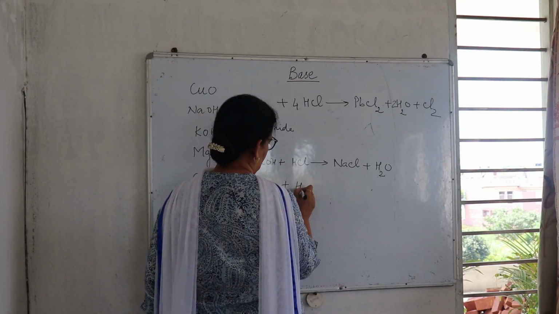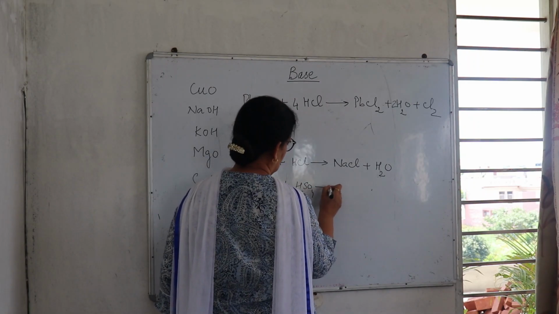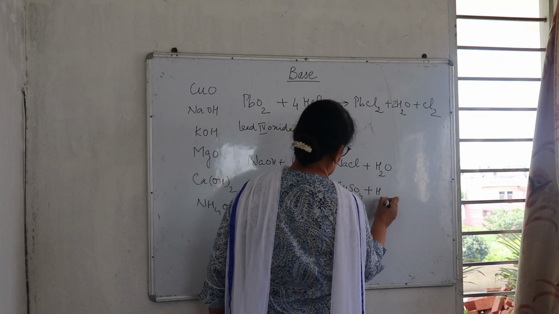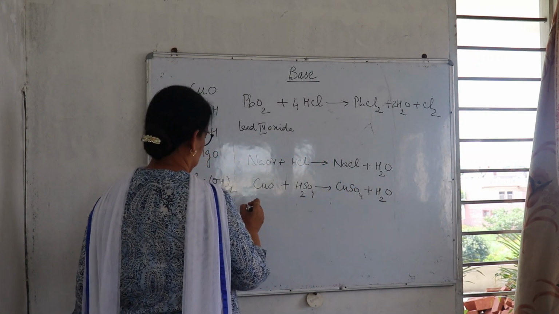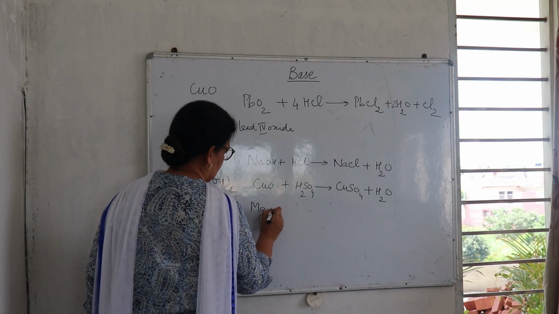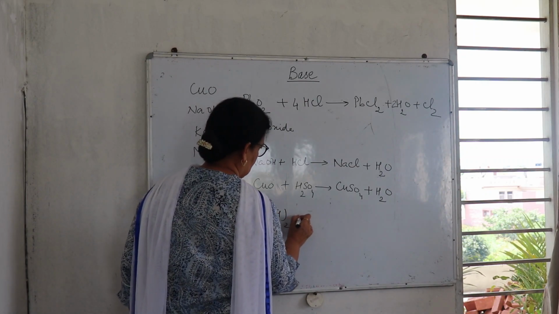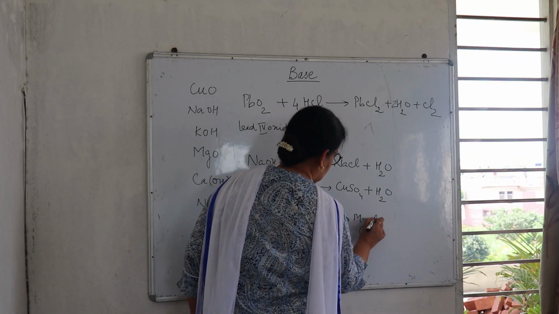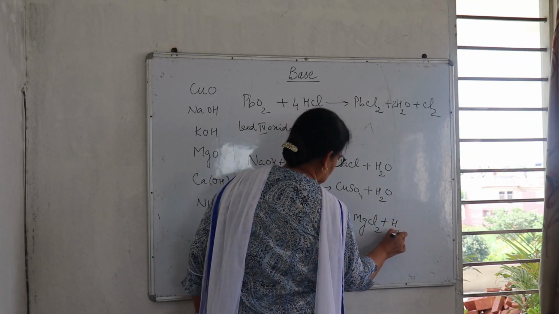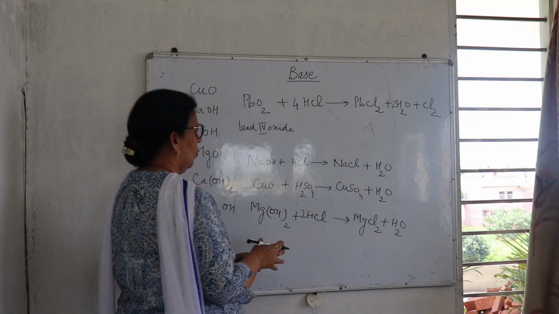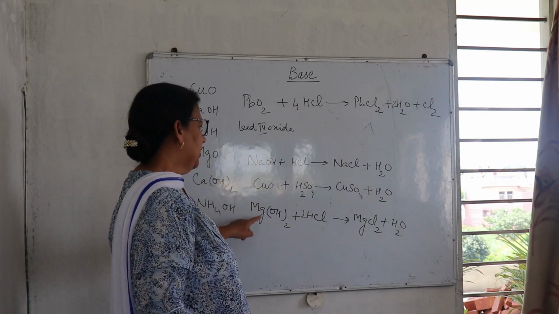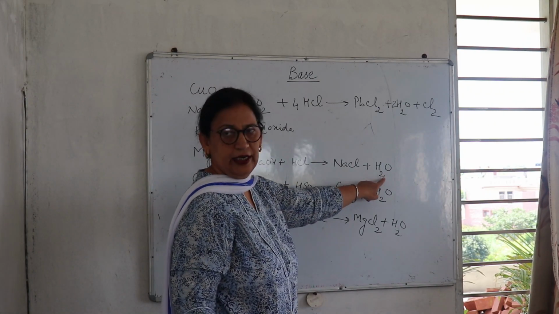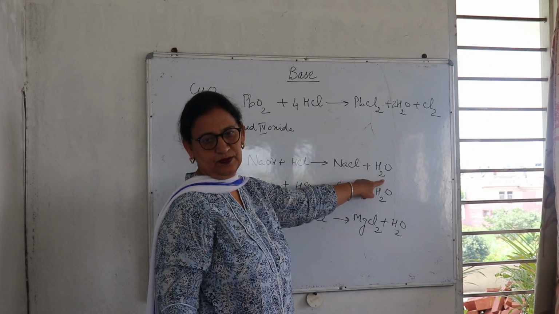CuO plus H2SO4 gives CuSO4 plus water. Mg(OH)2 plus HCl gives MgCl2 plus water. So these are all bases because when they react with acid they give salt and water only.